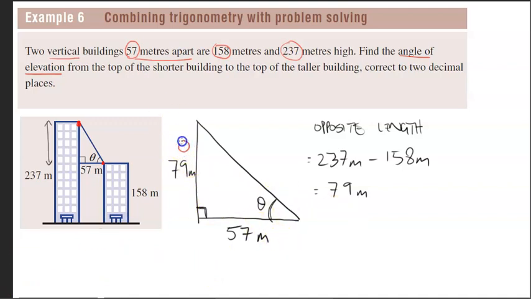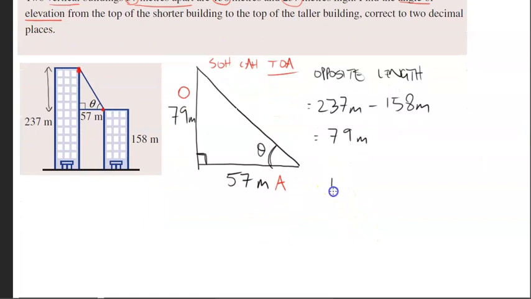What we do know, or what we do have, is the opposite and the adjacent. So, O and A. Again, we're using tan, but we're using inverse tan because we are trying to get an angle.